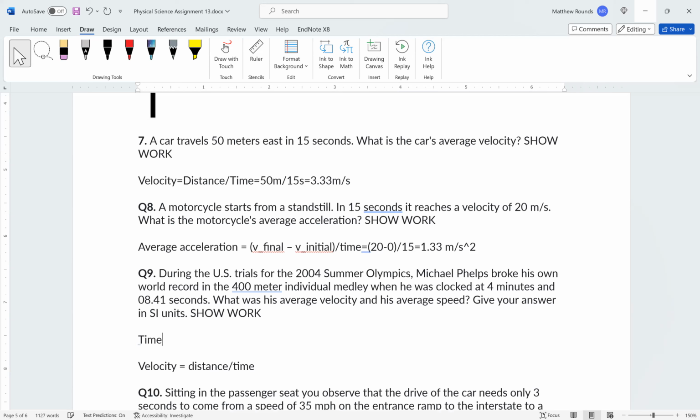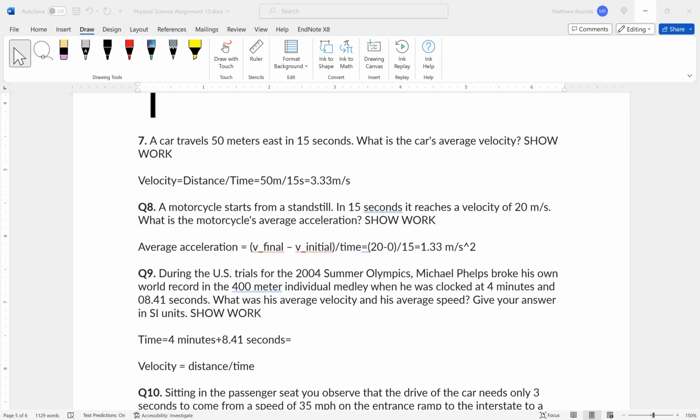So what is 4 minutes plus 0.841 seconds? What is that in just seconds? How do you convert minutes to seconds?